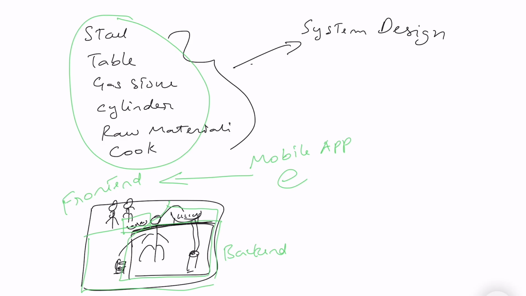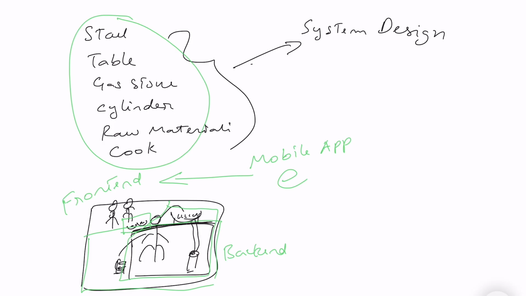You use a lot of apps such as Swiggy, Zomato, Book My Show, mobile banking apps, entertainment apps, gaming apps. All these are acting as a front end, but there is a large back end working in the back, which is doing a lot of processing.